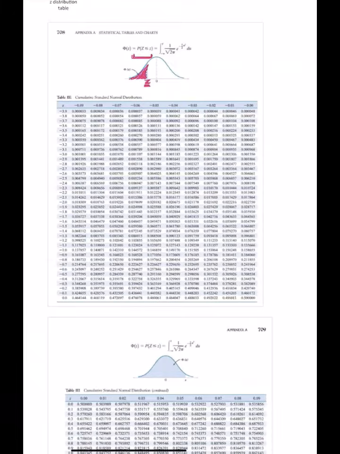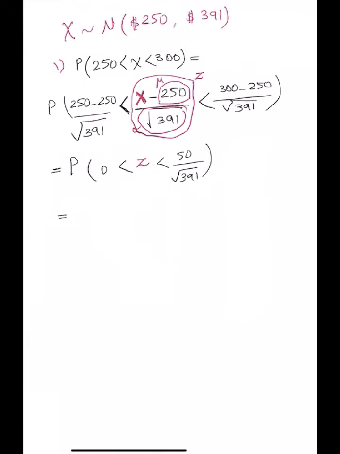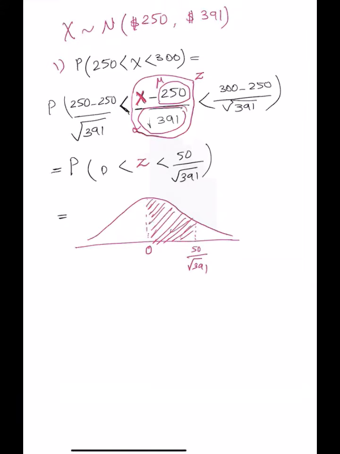However, here, if it's a Z distribution, what I want to find is the probability of being between this number and some other number here, 50 over the square root of 391. What is the probability that Z is between these two numbers?